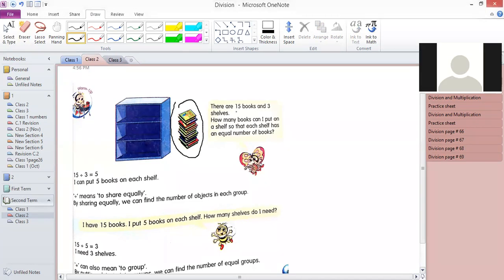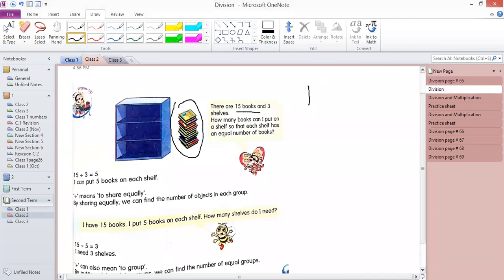So to write a division sentence, first I will write 15, because I want to divide 15 books into 3 shelves. After writing 15, the second thing in the division sentence should be a division sign. So 15, then division sign. 15 divided by.